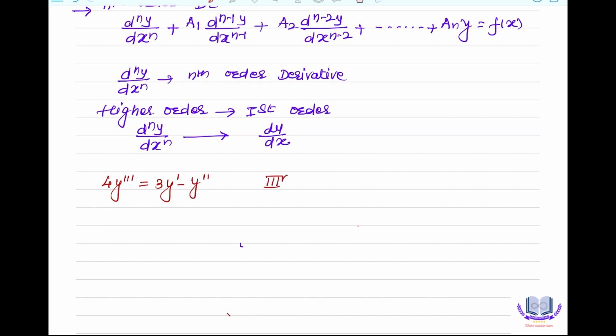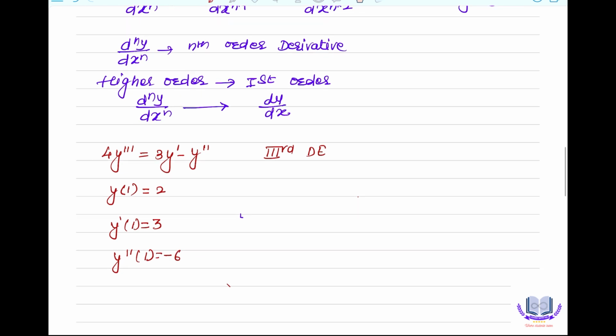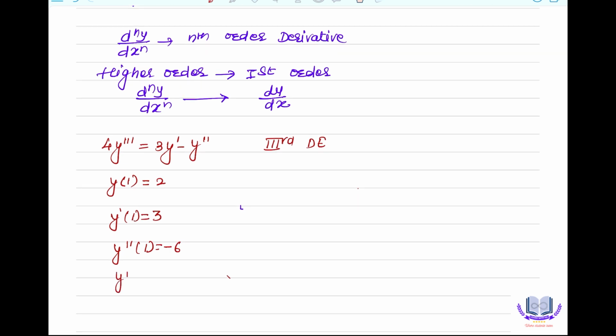Now, some initial conditions are given. Let's say initial conditions are y at 1 is 2, then y dash at 1 is 3, y double dash at 1 equals minus 6, and y triple dash at 1 is 4.